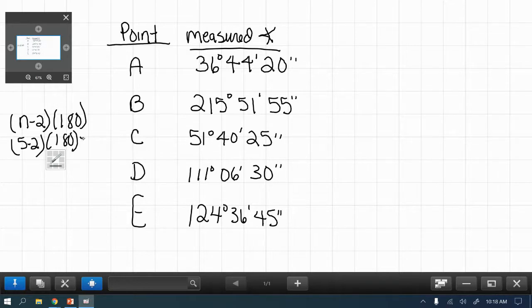I think that's 540, isn't it? 540 degrees. All right. So what I need you to do, make sure you can read all my numbers. And I want you to total them all up for me. So that's the very first step, is that you would be given the angles. And we've got to put them to a fixed geometry.